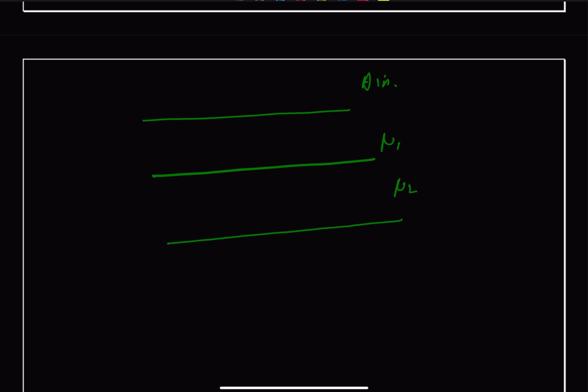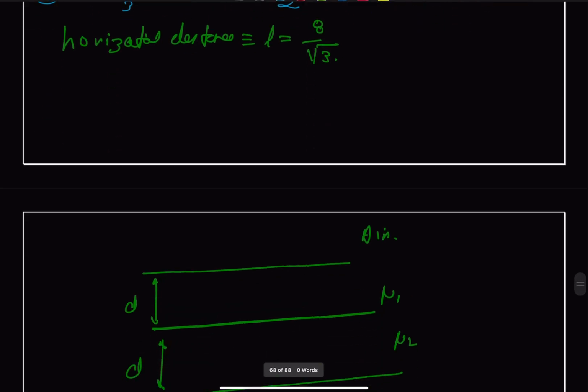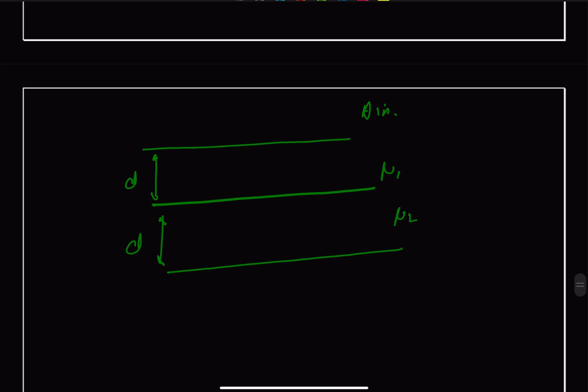We are given that this distance is d, and this is also d, and we are also given the height of the air, that is 1/3. That means this is h.